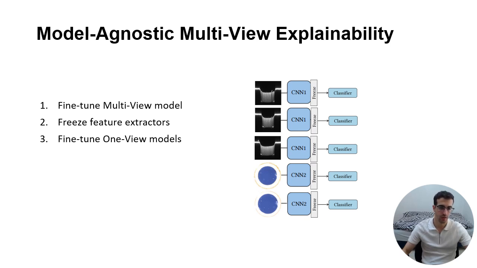Each model gets its own view. So here we have 5 one-view models. 3 of them, 3 profiles, have one CNN with its frozen weights, and the other subgroup with the other CNN, and again with frozen weights.